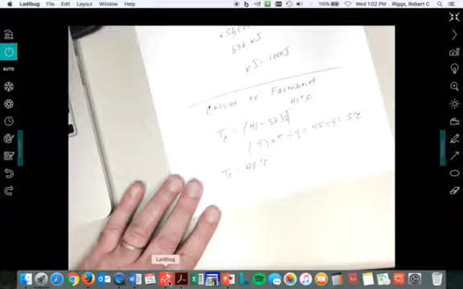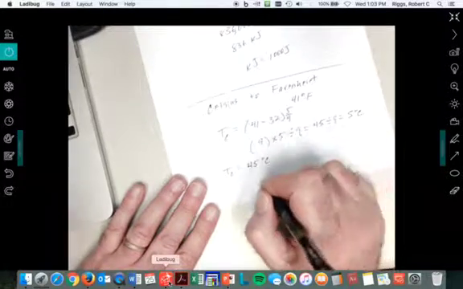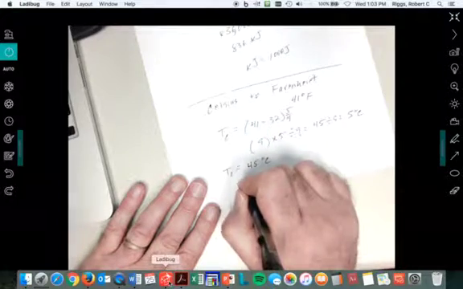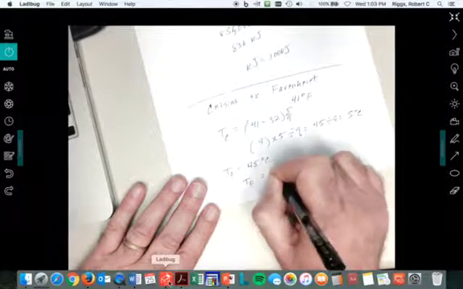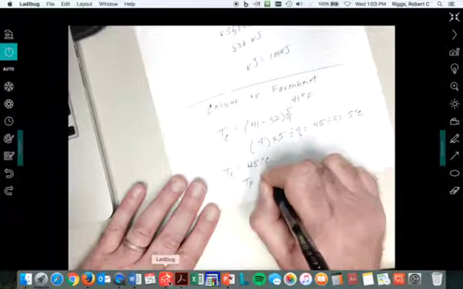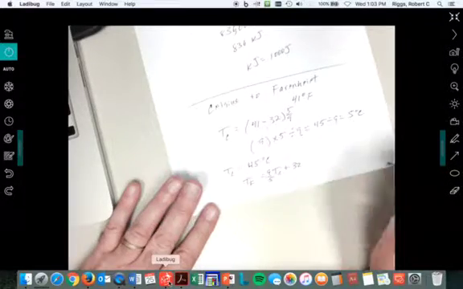So what we do here is a little bit different. Notice how the other one was in parentheses first. Now to go to Fahrenheit, that's 9/5 times the Celsius temperature plus 32. So you add the 32 at the end.